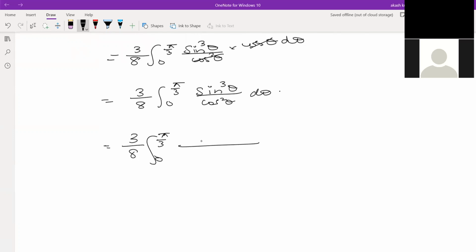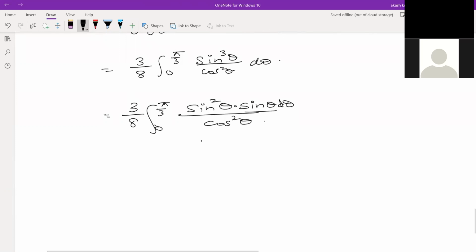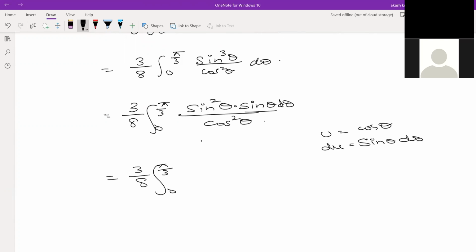Can I break down my sine cube theta as sine square theta into sine theta d theta? Now I have got sine theta d theta, which I assume is du, so my u should be cos theta. So I have to convert this sine square theta to 1 minus cos square theta.